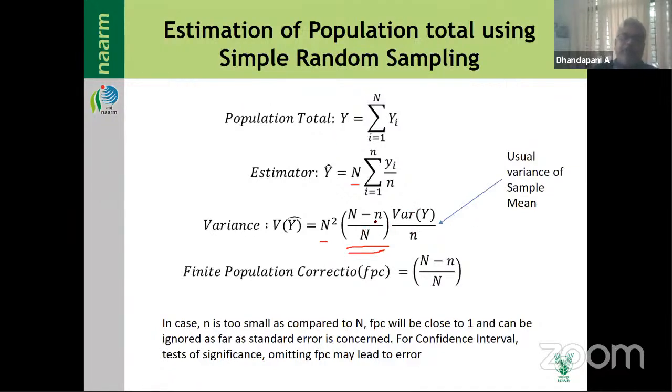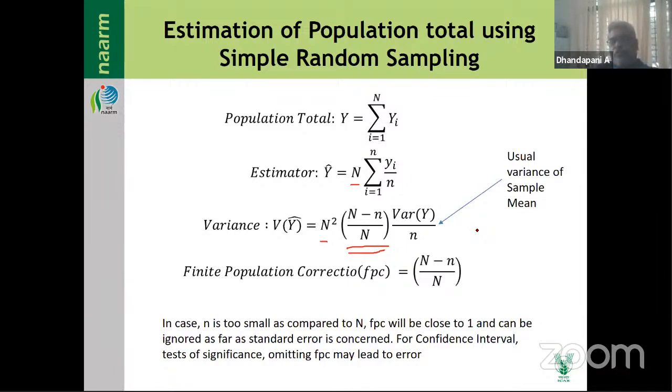But if the population size is very large as compared to the sample size, then what is going to happen is, for example, small n by capital N is coming 0.01. Then you are multiplying by 0.99, almost 1.